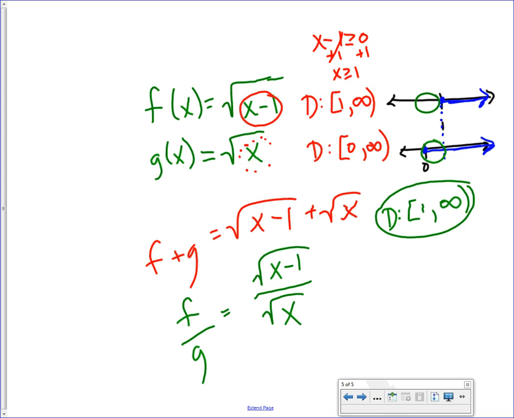But we also have to think about the denominator cannot be 0. This cannot equal 0. When does that equal 0? When does the square root of x equal 0? Well, let's solve it. Square both sides, and we get x equals 0. So 0 cannot be in your domain.